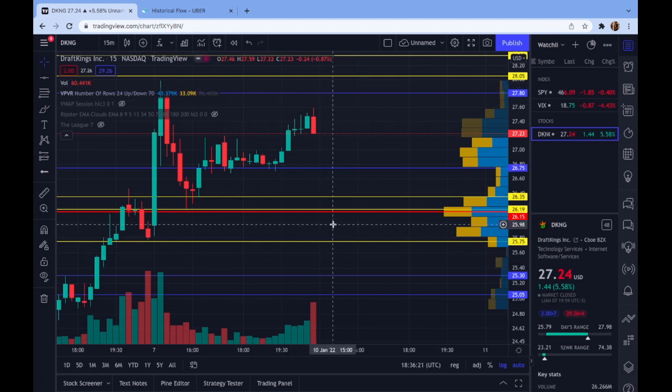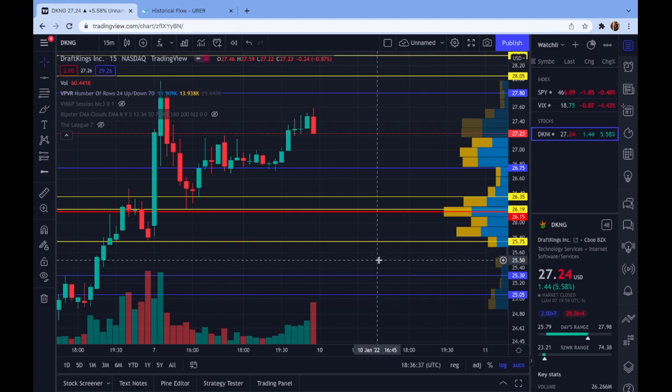I don't want that too far out of the money because that can diminish our returns, and theta and time also come into play since we only have a week for it to hit the 30. On the downside, there's some pretty decent support here around 26.35 to 25.75, which shows maybe those 25s are a little bit too far out of the money as well.